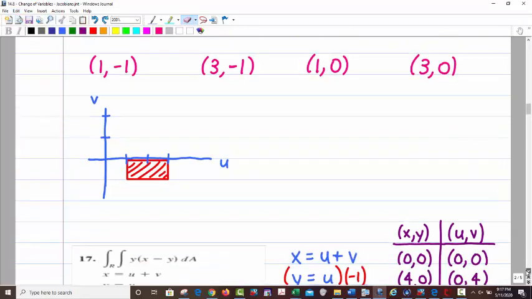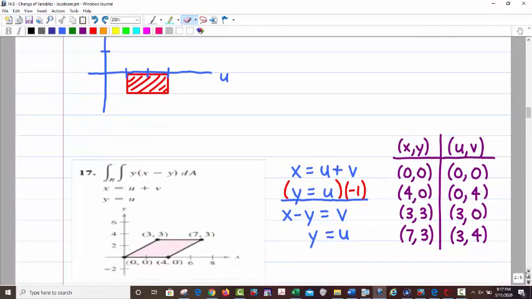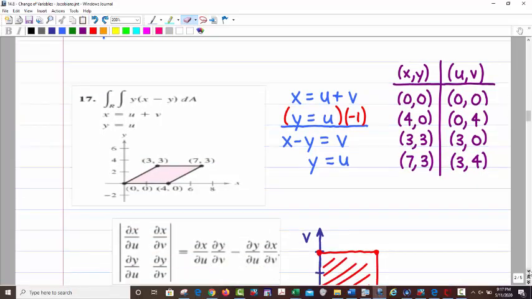All right, so let's put this to use in an actual integral like we're going to do right here, where we take the Jacobian. This one has x in terms of u and v already, and it has y in terms of u and v. So we're good to go here.